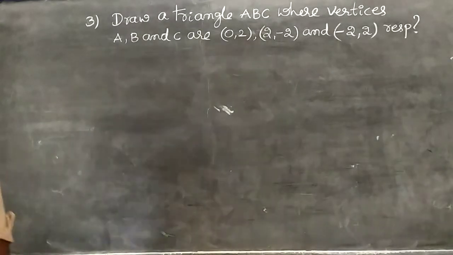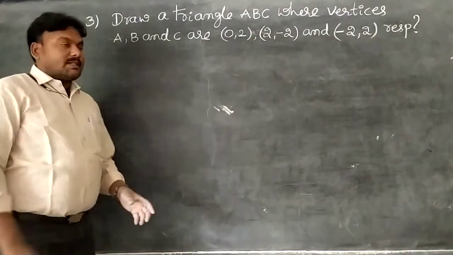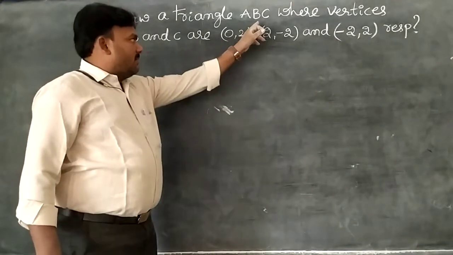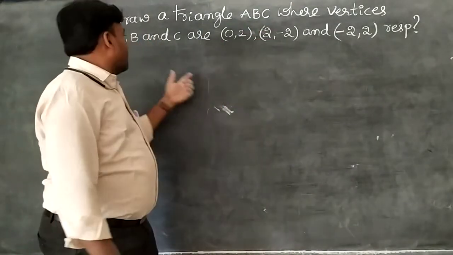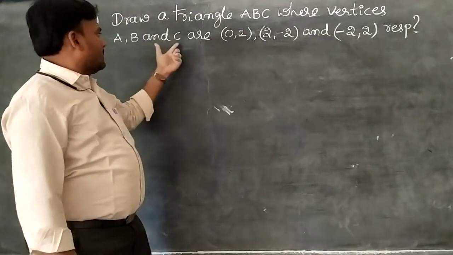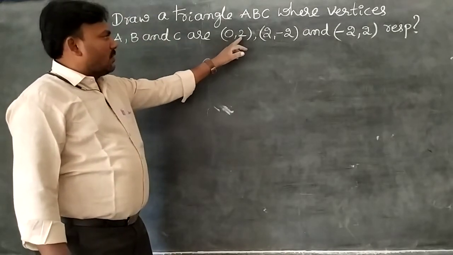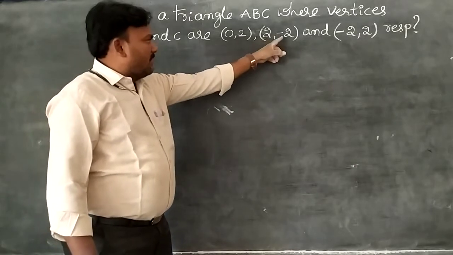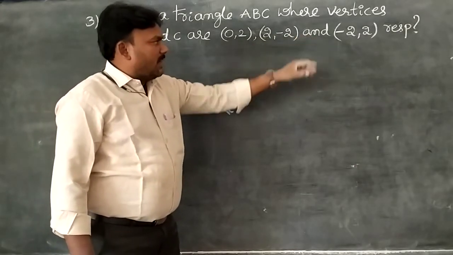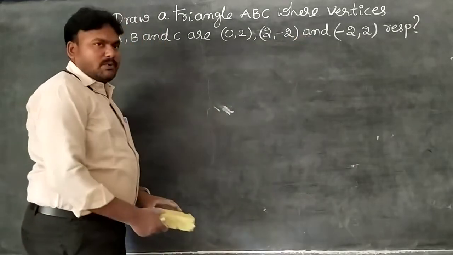Observe the third problem, students. Draw a triangle ABC where the vertices A, B and C are (0, 2), (2, -2) and (-2, 2) respectively.